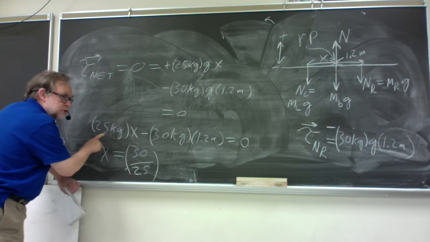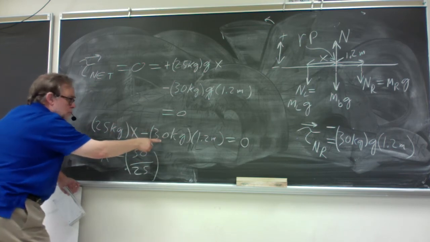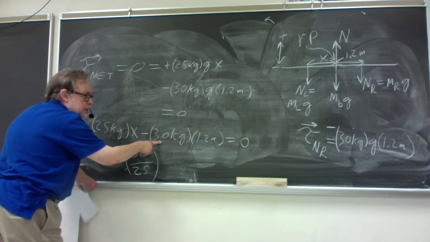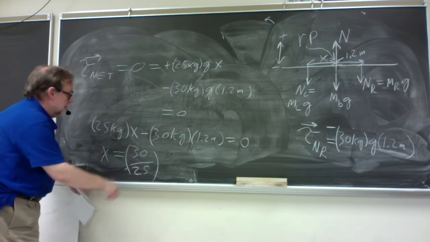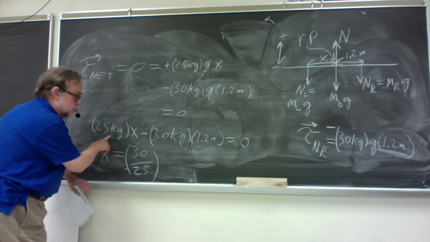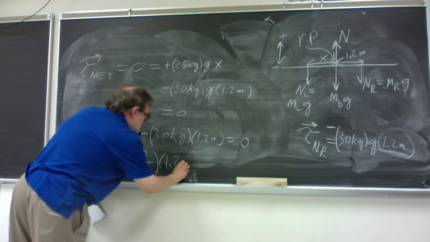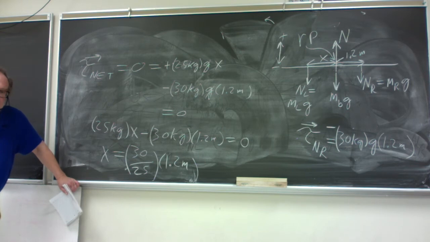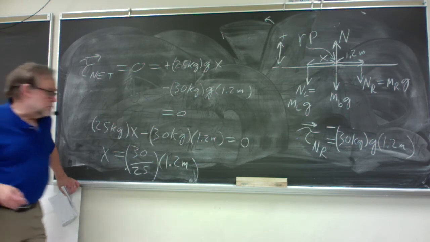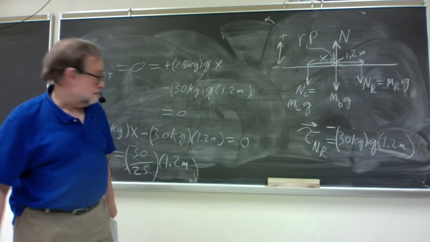Just add 30 times 1.2 to both sides of the equation, and then divide the whole equation by 25. So that's x, and then when you do the math, it comes out to 1.45 meters.